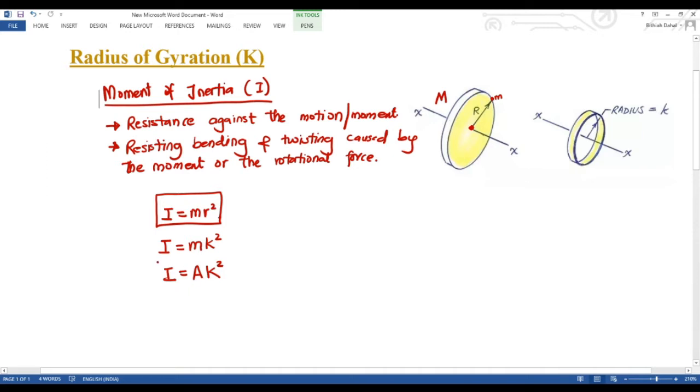Right? So this can be a general explanation for moment of inertia, which we covered last class.